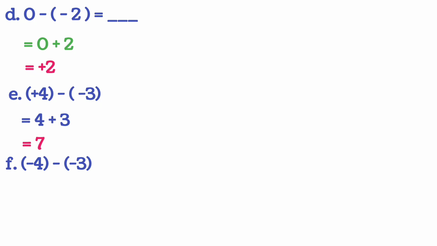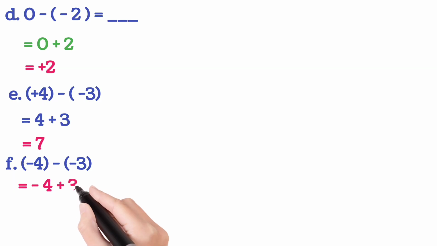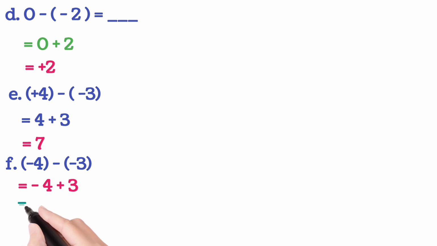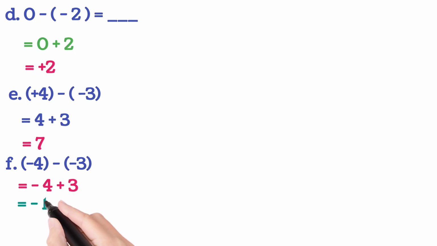So let us solve: minus 4 and minus plus 3. One is a negative integer and one is a positive integer, so we will do subtraction, and the minus sign goes with the bigger number. So 4 minus 3 is what? 1, but we will write minus 1. So you will press minus 1 inside the lift.